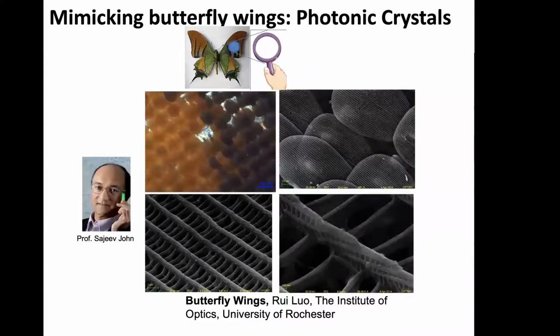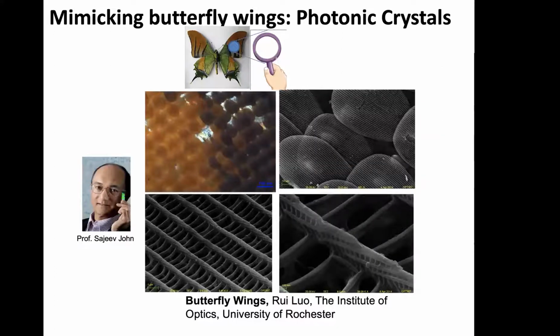Now, what is this? We all know about butterfly wings and their colors. Again, the coloring is mostly not coming from pigments, but from a very interesting structure within the wings of the butterfly.